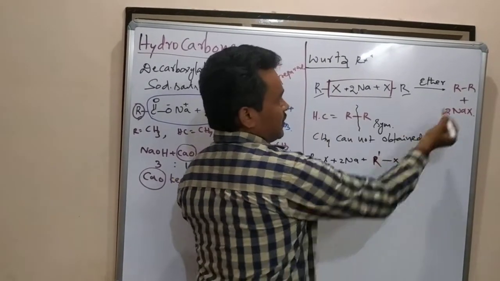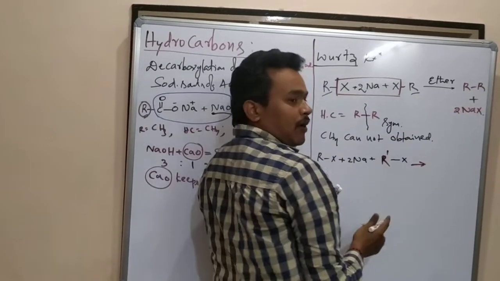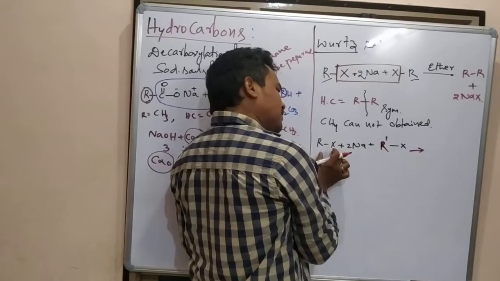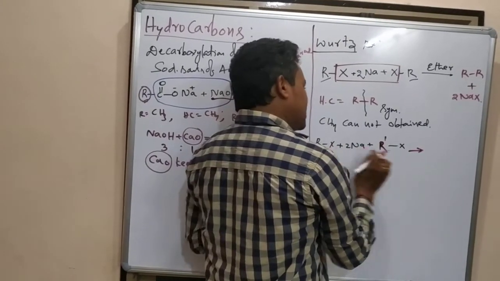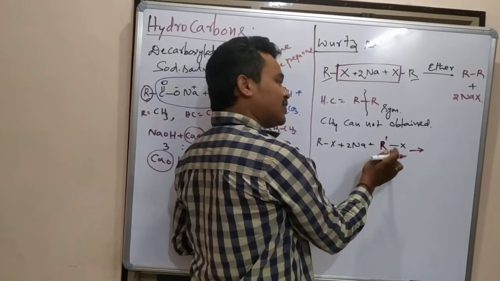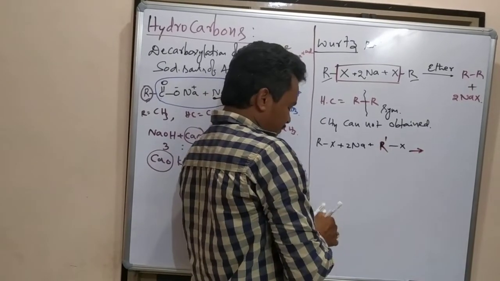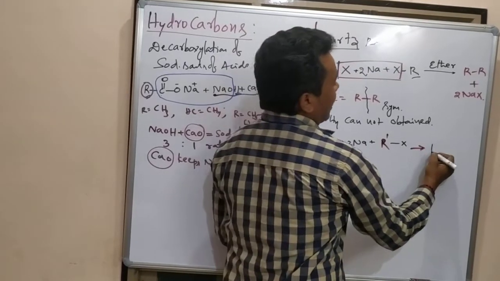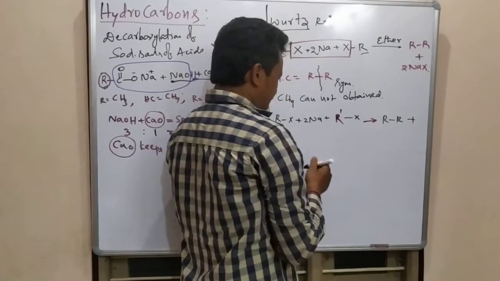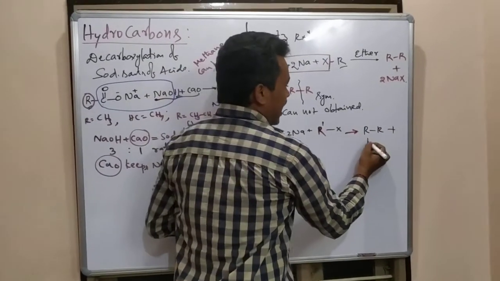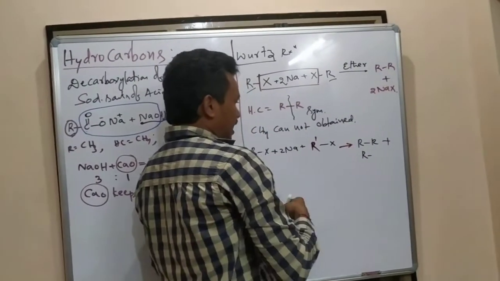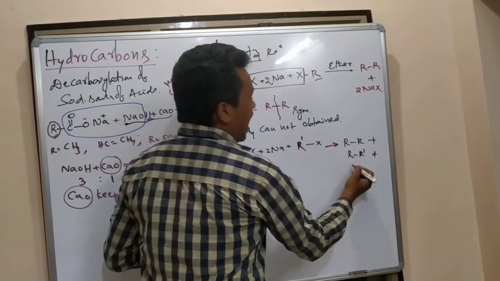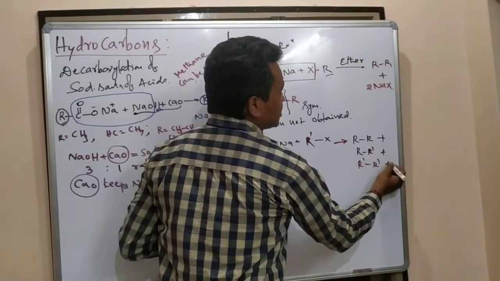Two types of these molecules can combine: this one with this one, and this one with that one. Otherwise, R-R, R-R dash, and R dash-R dash can form.